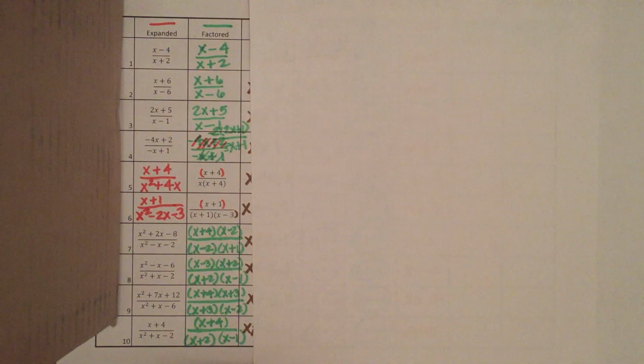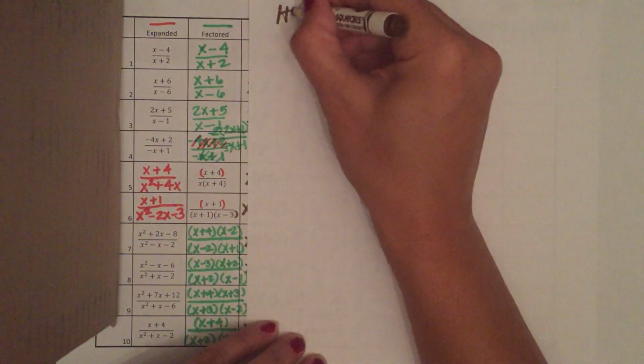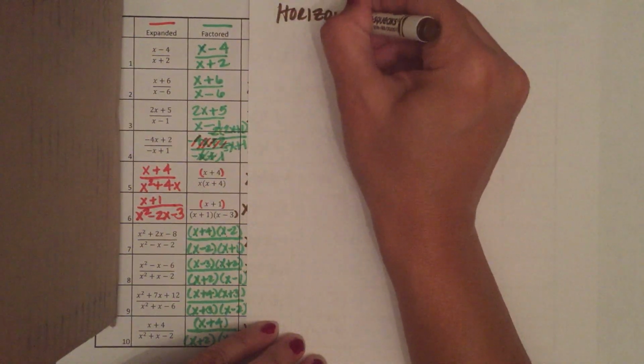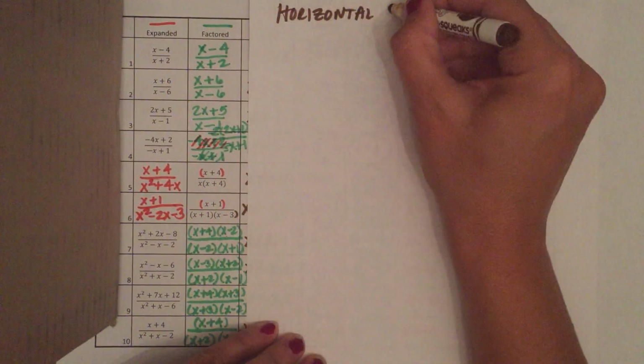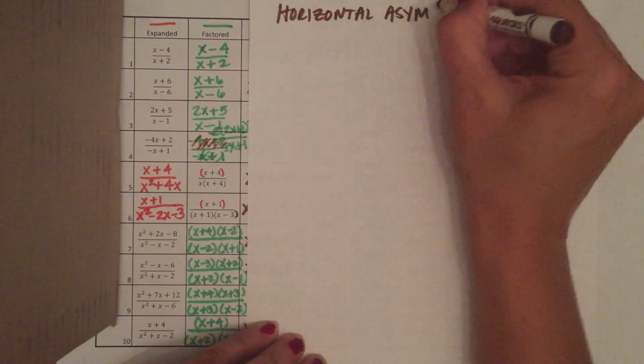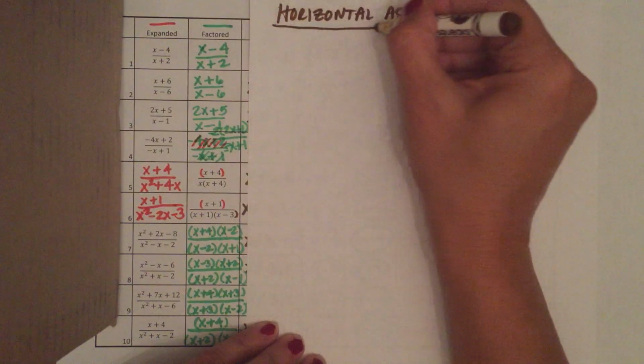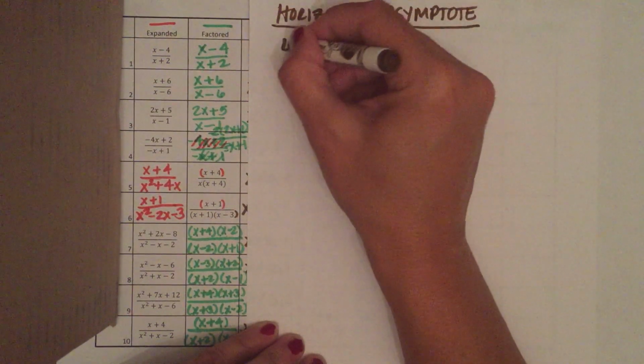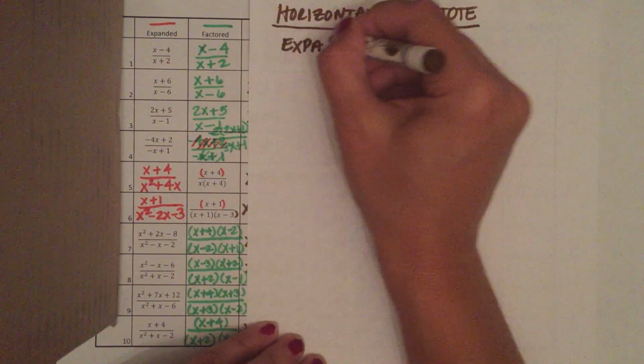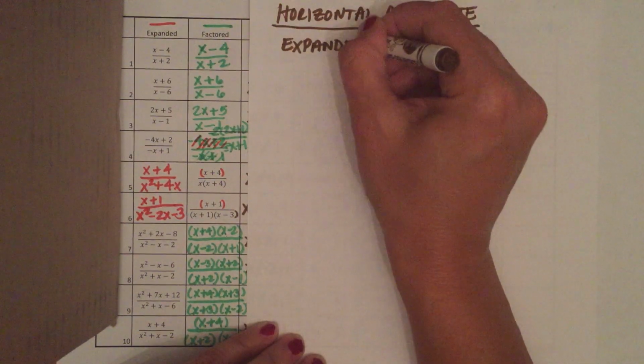In order to find that, there is a shortcut. For the horizontal asymptote, the best format for your function to be in is expanded. That's the easiest way to find it.